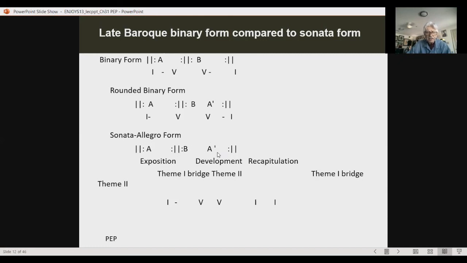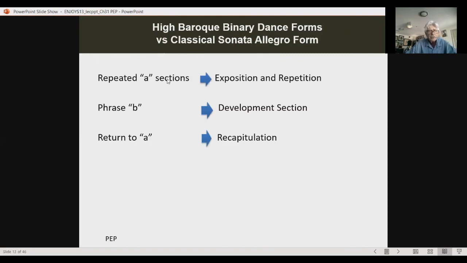So it's not stated exactly the same way. And primarily you have theme 1, and then you have a bridge, but it does not modulate. And then theme 2 is presented, and we end without departure.